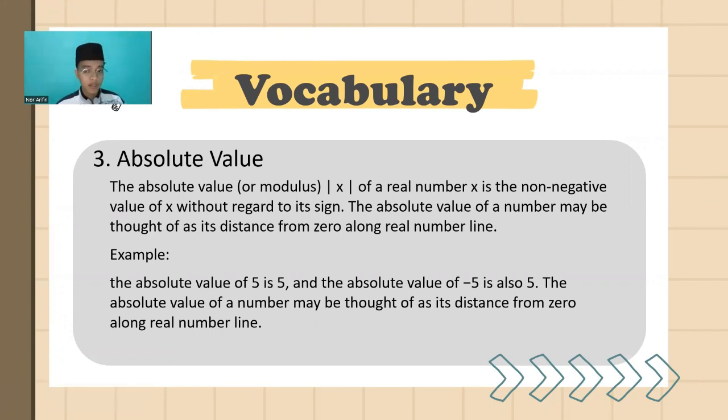The absolute value of a number may be thought of as its distance from zero along the real number line. Example, the absolute value of 5 is 5, and the absolute value of minus 5 is also 5.